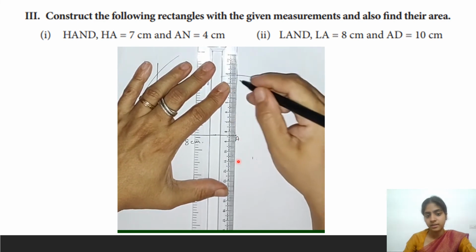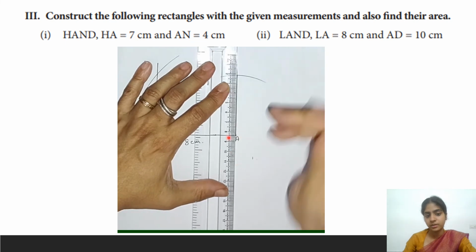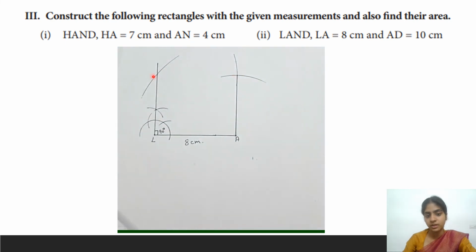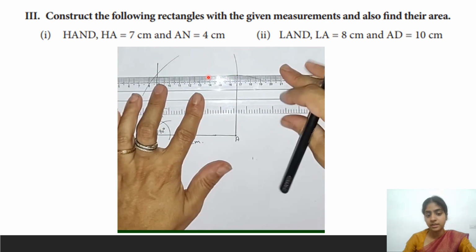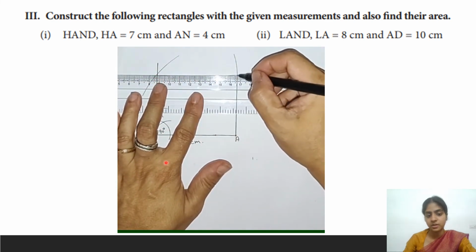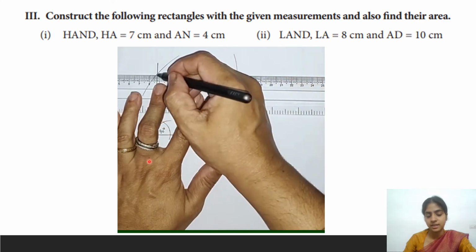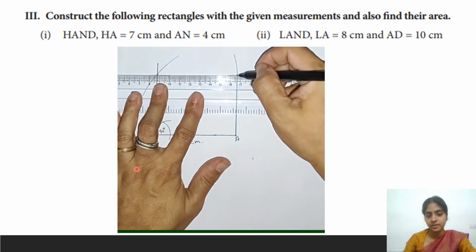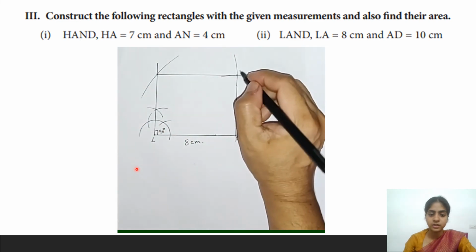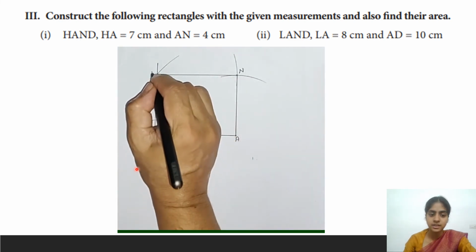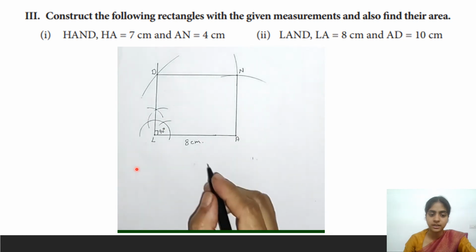And then we join this intersection point to here for AND. So LAND. We get the rectangle. Mark the corners LAND and then write the measurements.